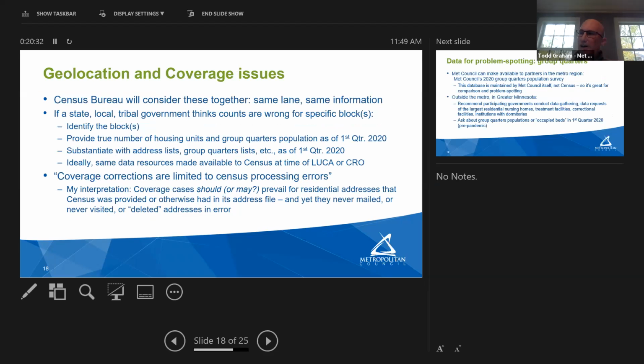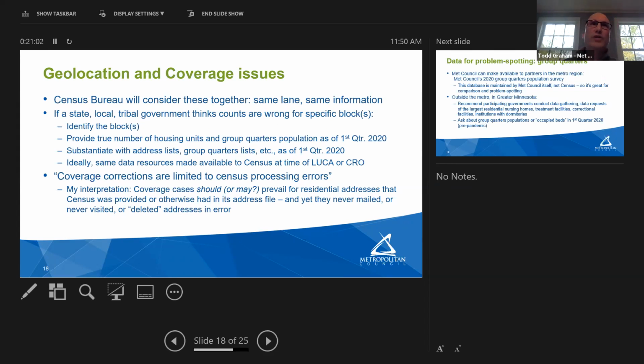Next group of issues to talk about are what I call the geolocation, geocoding, and coverage issues. Census Bureau is kind of squashing these together. It wants to consider these together in the same lane with the same handling when a city or county analyzes it in the same workflow.